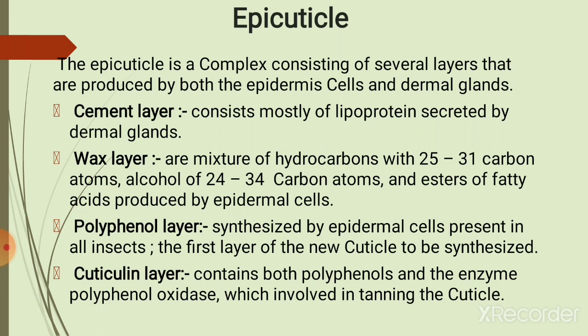Third is polyphenol layer. This layer is described in the blood-sucking bug and appears often in the liquid state as a non-static layer containing various types of polyhydric phenols like homocatechol, protocatechol, dopacatechol, hydroquinone, etc. The polyphenols are transported from the epidermal cells through the pore canals and accumulate on the outer surface of the cuticulin layer.